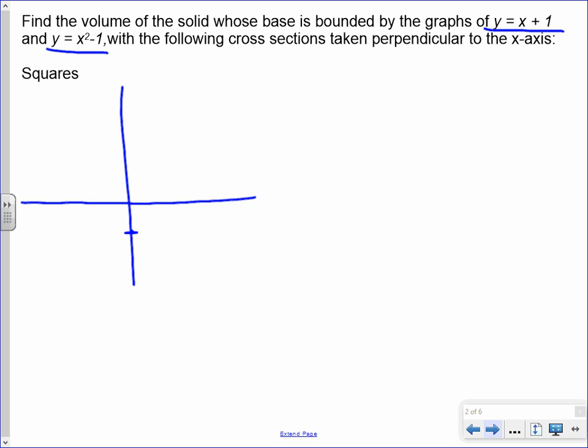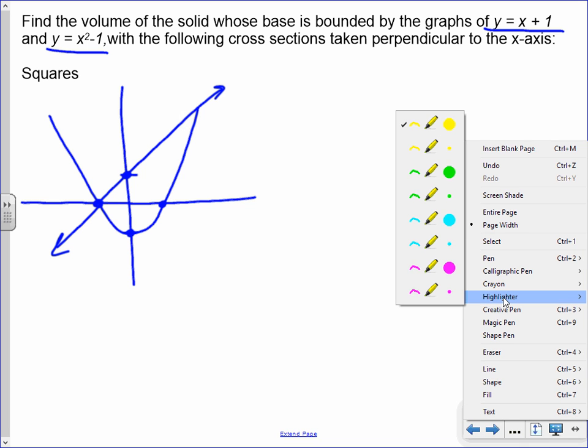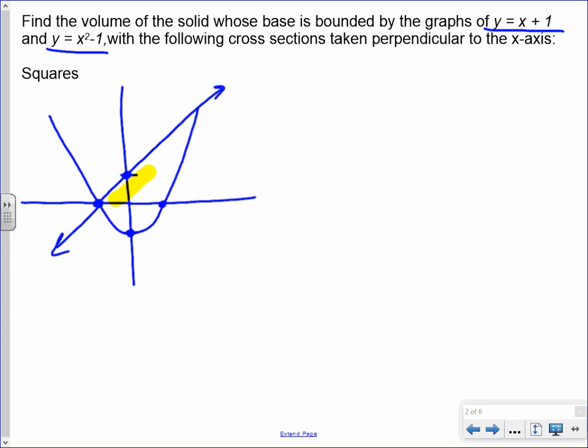Okay, so we have y equals x squared minus 1 is a parabola. And then y equals x plus 1 is this line. And so we're talking about this region right here.